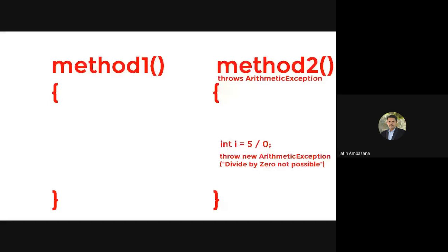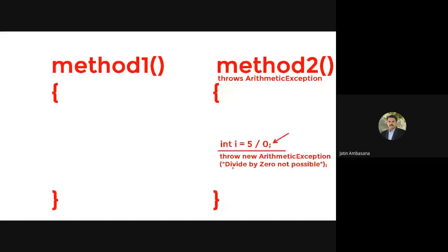You are saying throw a new exception, and this is the message of the arithmetic exception. Either you generate it or you explicitly throw it.